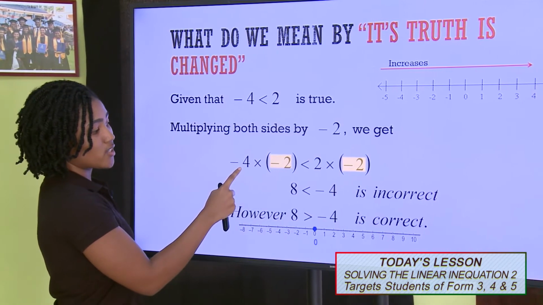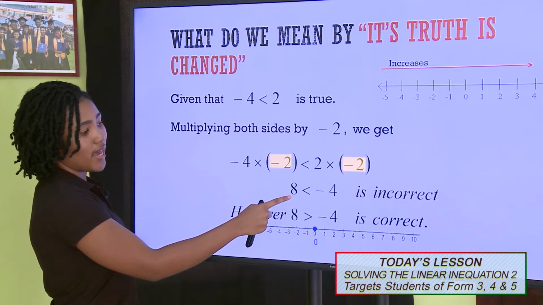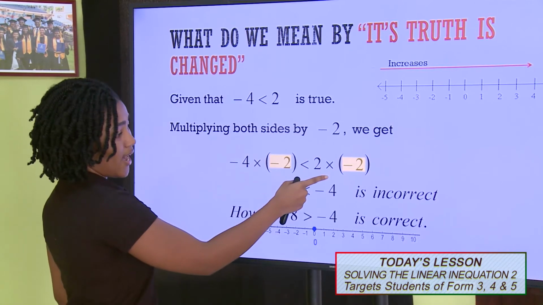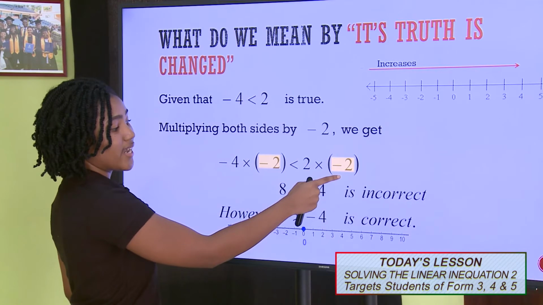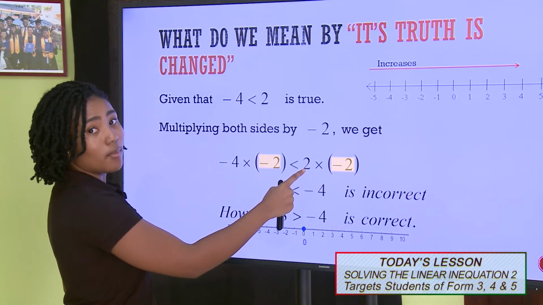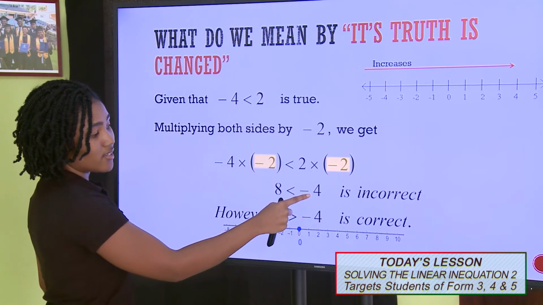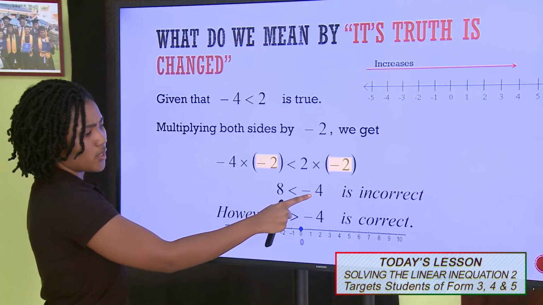So that's why we have negative 4 multiplied by negative 2 to give us positive 8. And on the right hand side, we have 2 multiplied by negative 2 giving us negative 4 because a positive number multiplied by a negative number produces a negative answer.